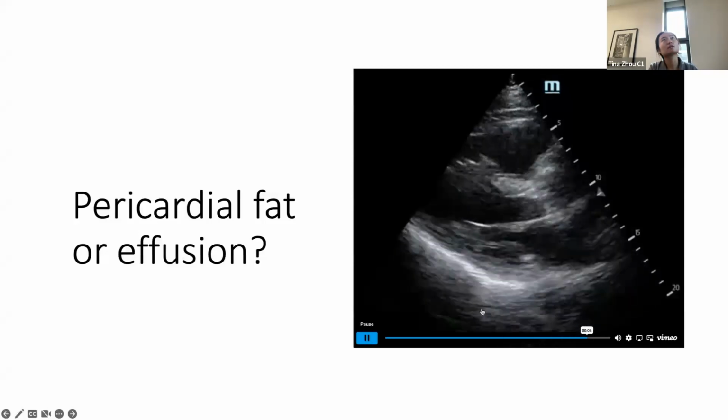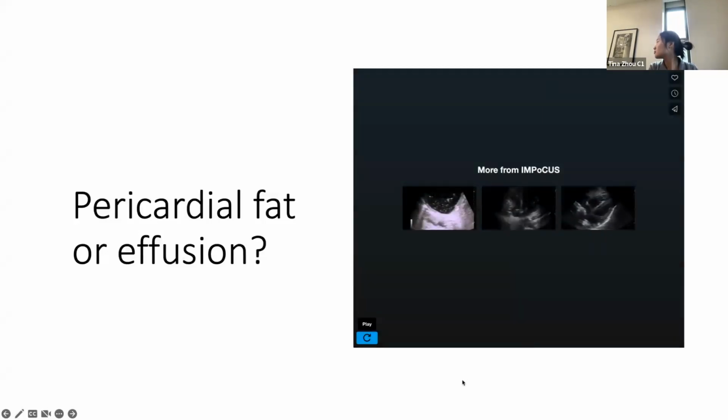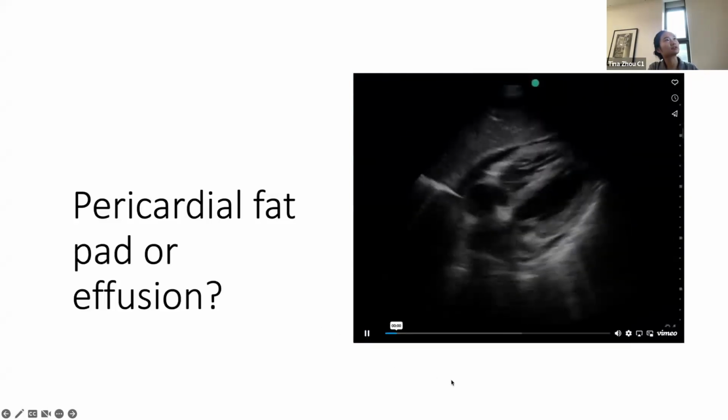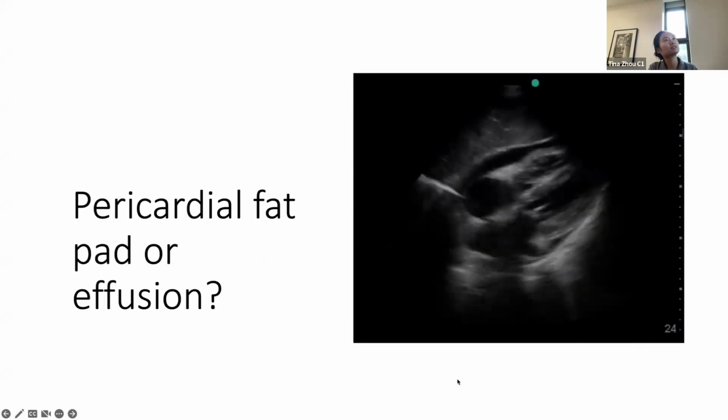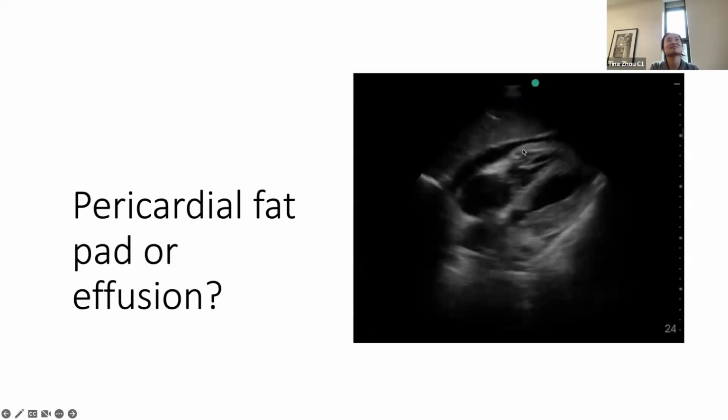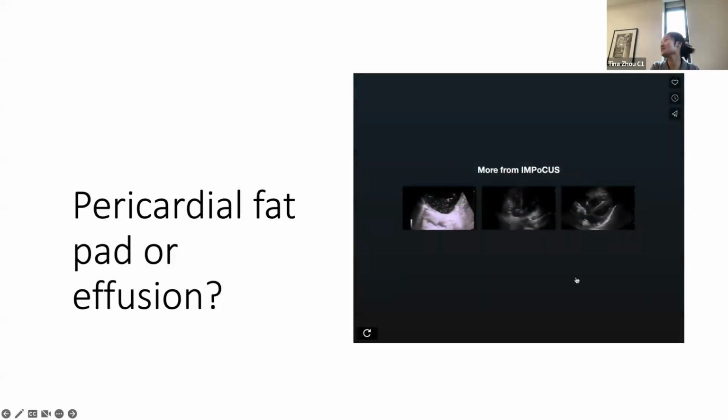Very small, but more like effusion. And then this one, where the clips are not the greatest. Yeah, so that's effusion and fat. So there's the fat right here. As you can imagine, if the effusion weren't there, that little fat pad would move around with the ventricle in contraction.